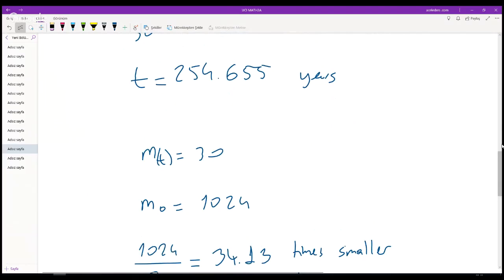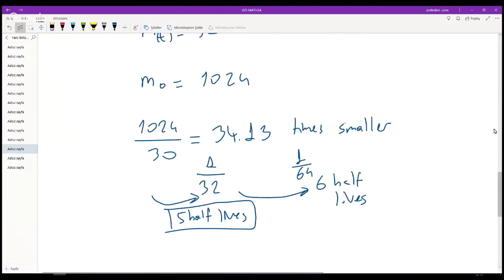Can you use the e to the power kt equation to solve the problem? Okay, so our friend asks, can you use the c times e to the power kt equation?